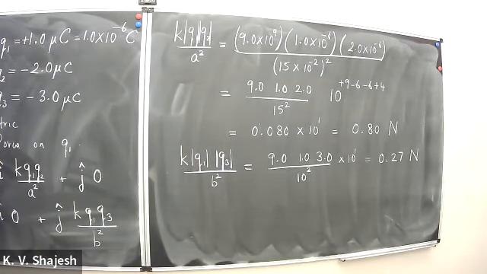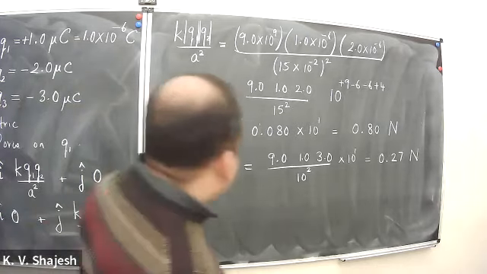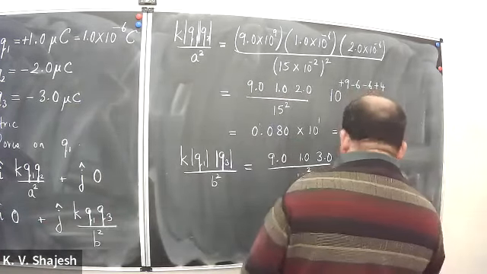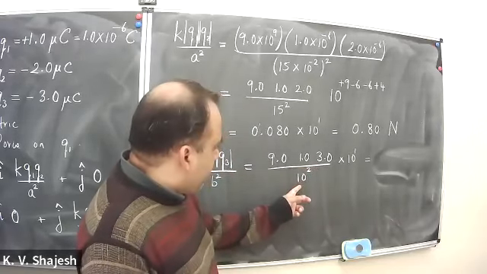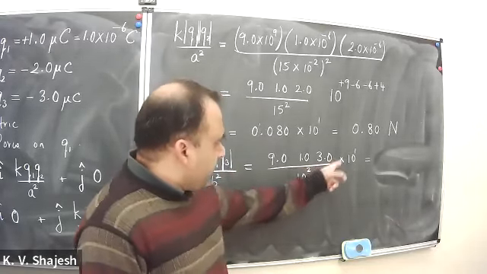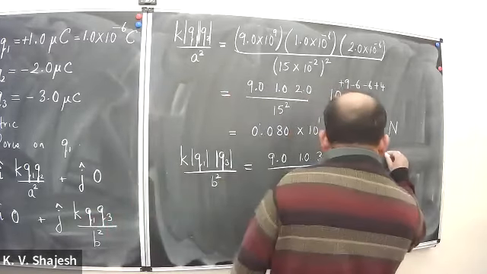And why is that? Did I do this correct? 9 into 3 is 27, 0.27. No, this is 2.7, right? Yeah. So this is 9 into 3 is 27. 27 divided by 10 is 2.7.